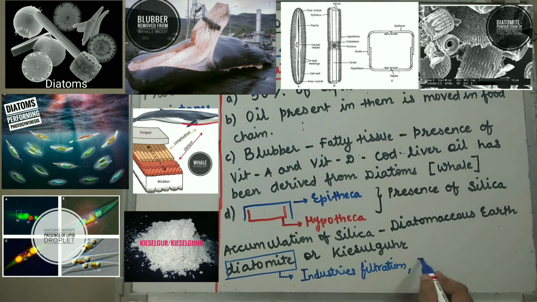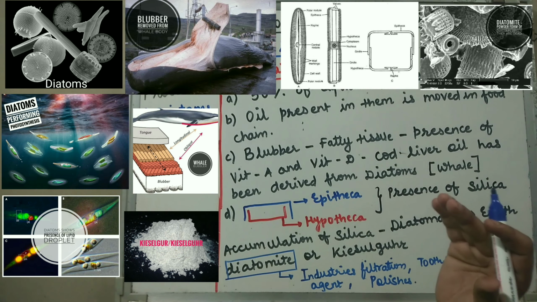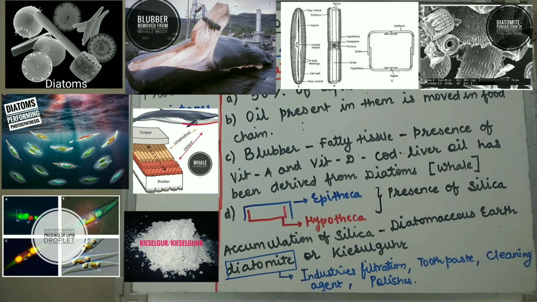It could also be used in toothpaste, also used as a cleaning agent, and also used in polishes. So these are some important uses that we can note with respect to diatoms.